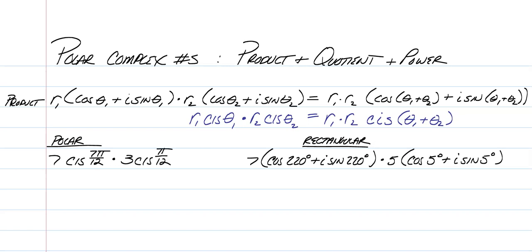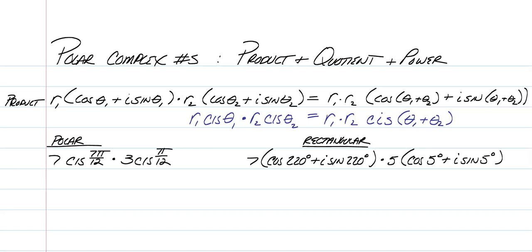So this just means R1, so this is one angle with a radius, and we're going to multiply it to another one. So that's what the R1 and theta 1 stands for. So this is just R cosine theta plus R i sine theta if you were to distribute. And then this is just the second angle.